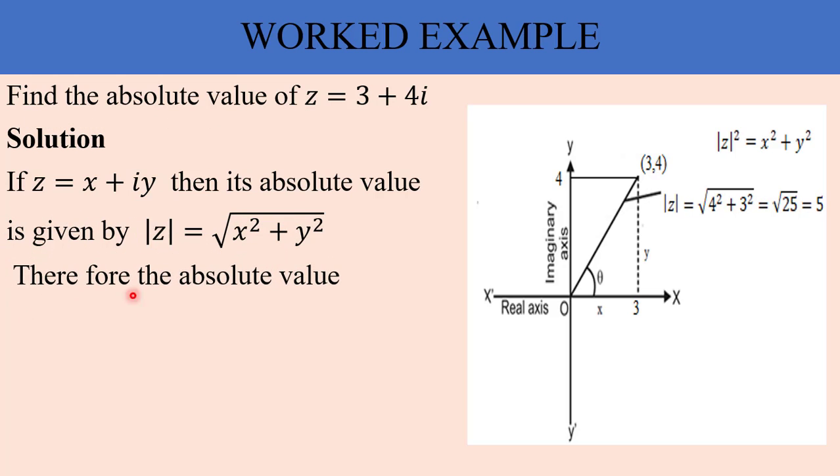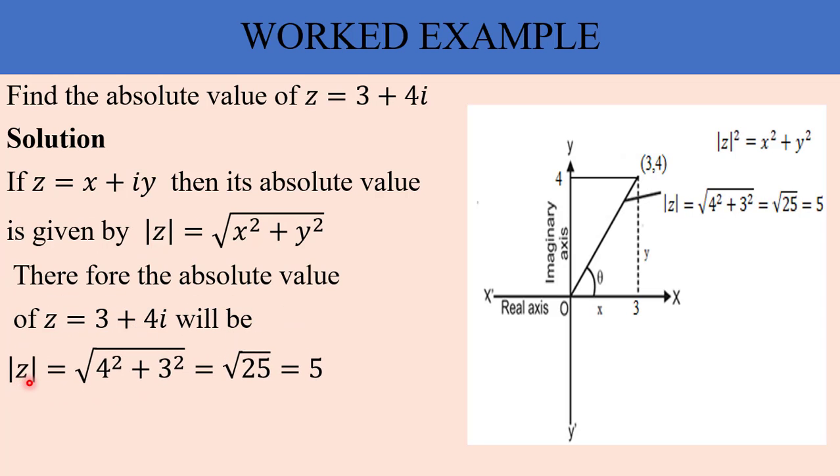So this means that the absolute value of z equal to 3 plus 4i will be the square root of 4 squared plus 3 squared, which is equal to the square root of 25, because this will be 16 plus 9, which gives us 25, and the square root of 25 is 5.